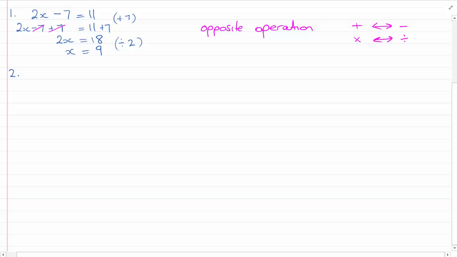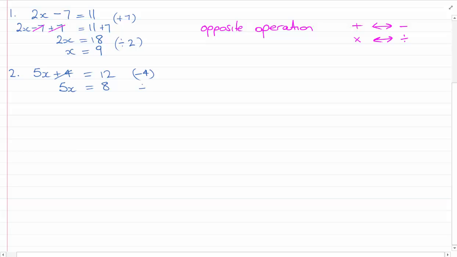Example number 2. I'll go a little bit quicker again, and I'll keep on doing that, but slow the video down as you need to. 5x plus 4 is equal to 12. So I want to get the 5x by itself first, so I'm going to subtract 4 from both sides. This will of course give me 5x here, because that 4 will cancel out, and equals 8. 12 minus 4 is equal to 8.